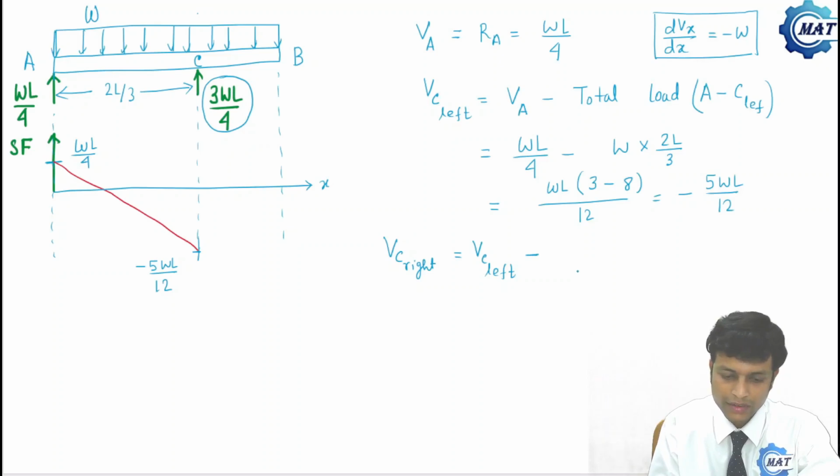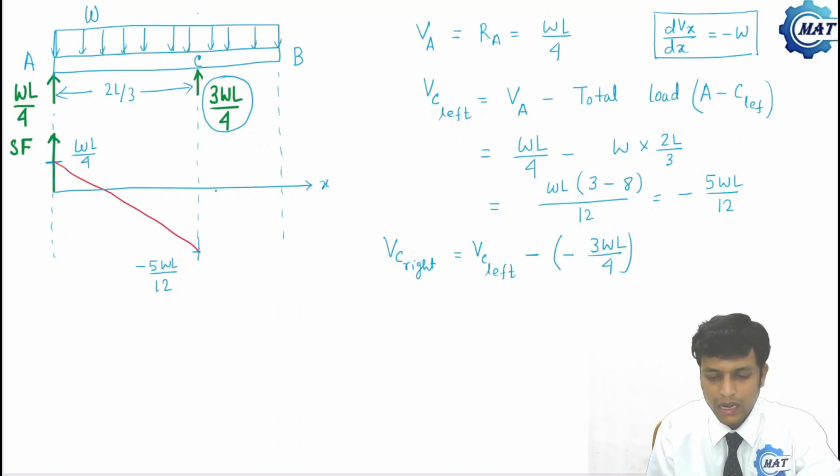This concentrated load is minus 3WL by 4. Why minus? Because our sign convention was that concentrated loads are positive when they are downward.